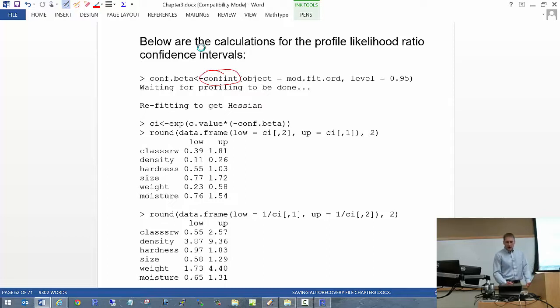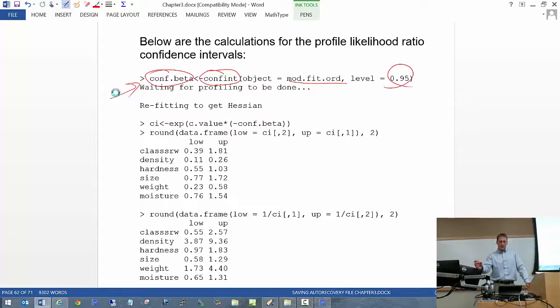So let's find my confidence intervals for the betas. I use conf.beta equal to confint(mod.fit.ord, level = 0.95). Now this is maybe not the best name here, conf.beta, because this is not actually a confidence interval for the betas, it's actually confidence intervals for those, remember, those etas.